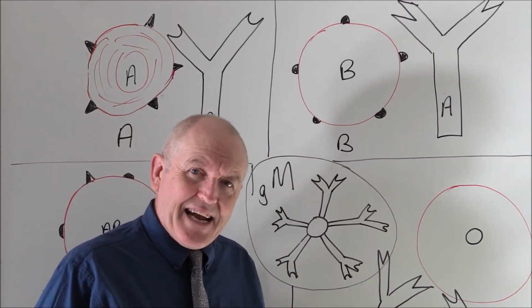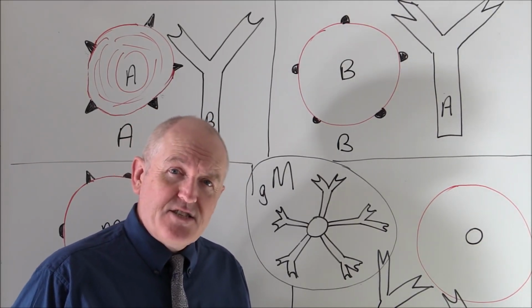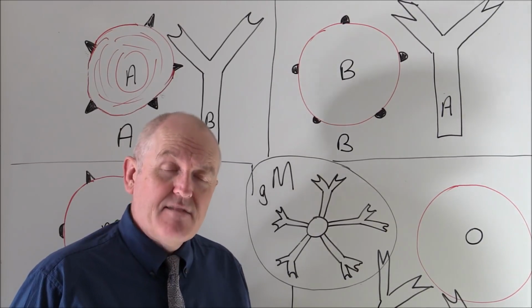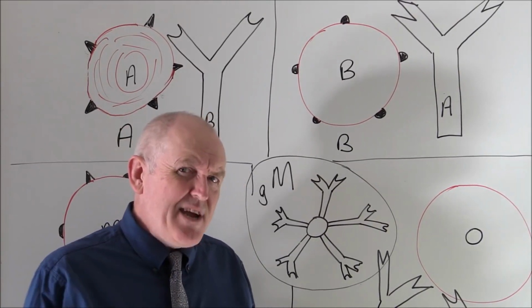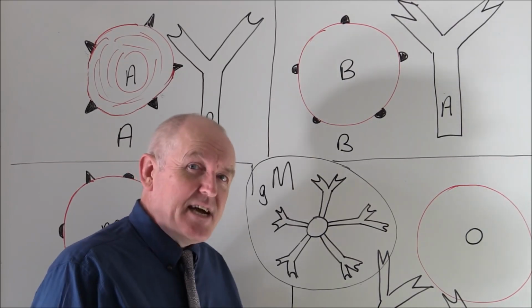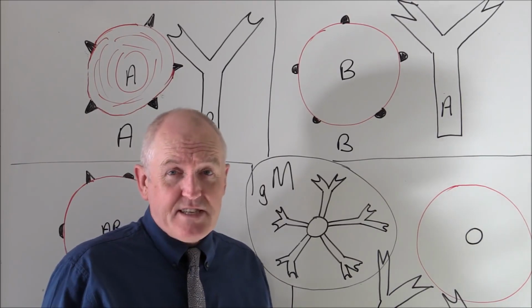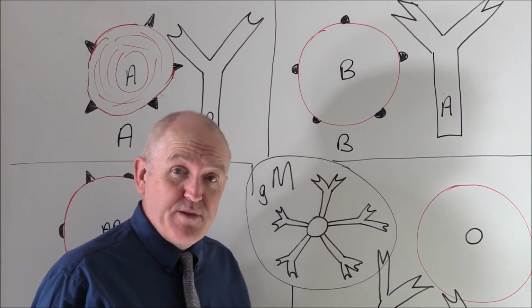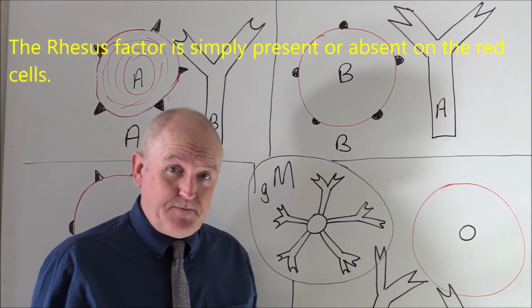But the one that is immunologically active, that can act as an antigen, is the D factor. So when we're talking about the Rhesus factor, really what we're talking about is the D factor, the letter D factor. Now what the Rhesus factor is, it is an additional blood group, and it's simply present or absent.